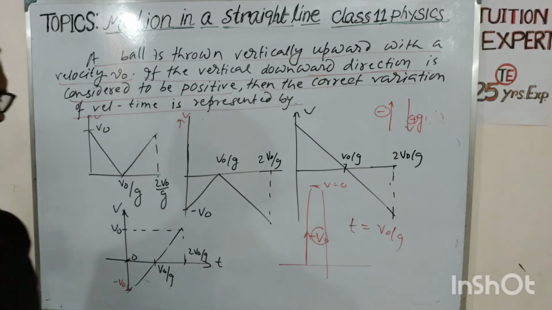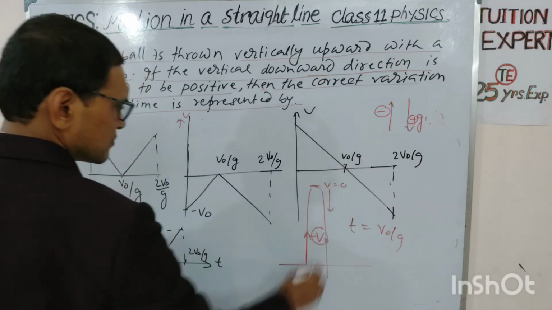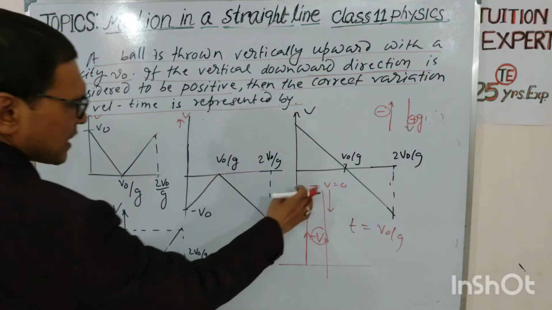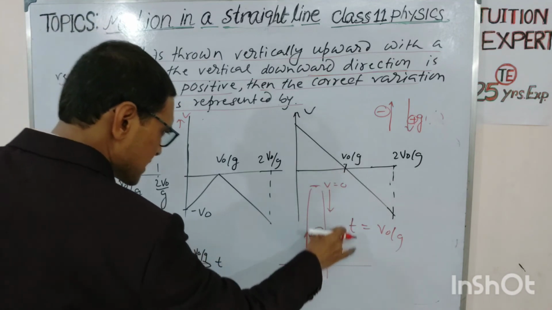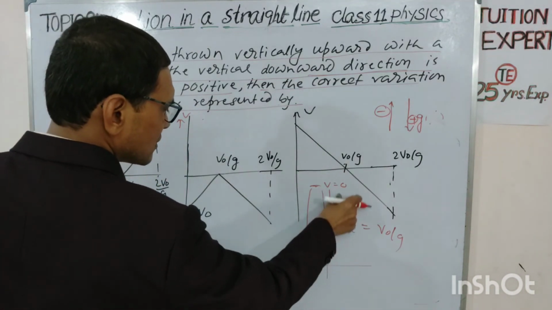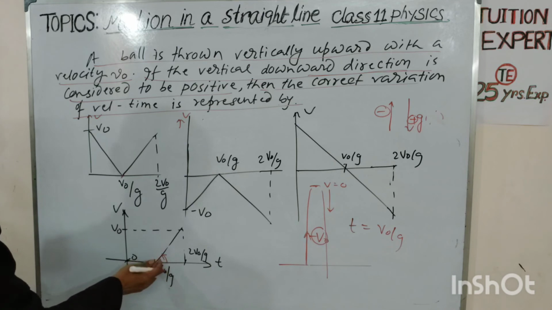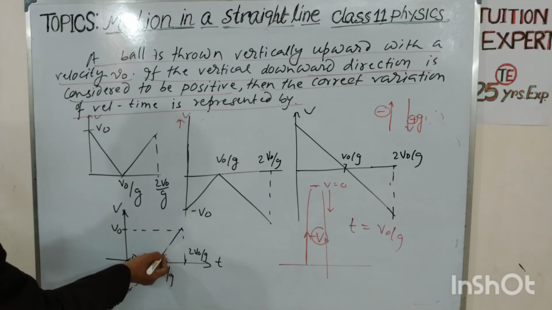Up to this point all options are the same, but when it moves in the downward direction, that is after maximum height, then velocity will be positive and acceleration will be positive. The slope of the v-t graph is acceleration, so this is an acute angle.